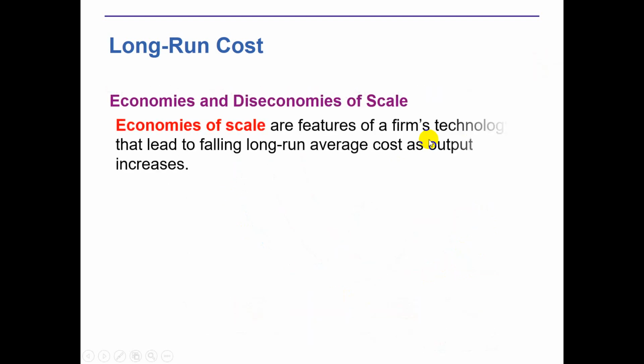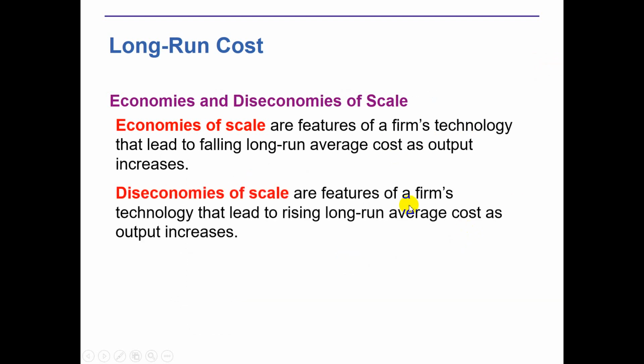So what are the economies and diseconomies of scale? Economies of scale are features of a firm's technology that lead to falling long run average cost as output increases. So when you increase your plant or technology, because of your higher technology, you may bear the least cost in the long run average cost if you increase your level of production.